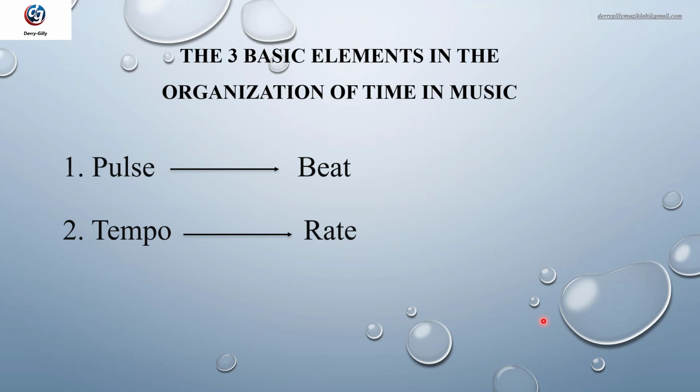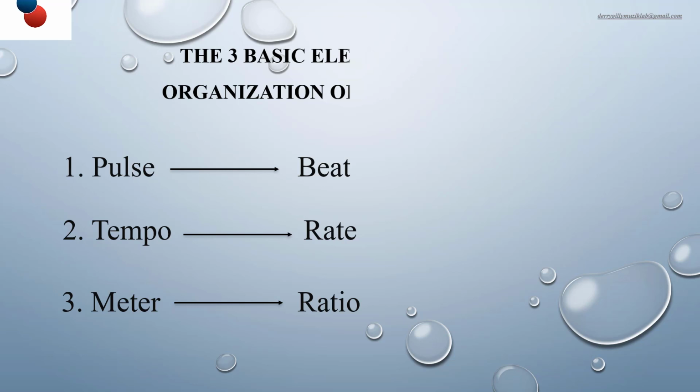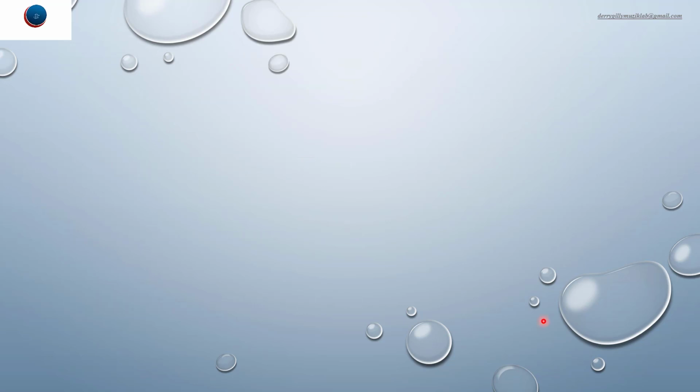Then we also talk about the last thing, which is the meter, and it's talking about the ratio, that is the durational values being assigned to represent the pulse and then being organized in discrete segments in a piece of music. Now let's look at the very first two, pulse and tempo.